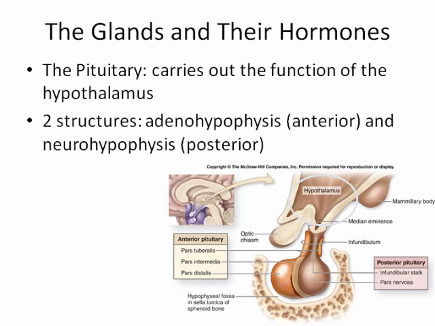Extending down from the hypothalamus, we have the structure referred to as the infundibulum. Hanging down from the infundibulum is a structure right here. That structure is the pituitary gland.